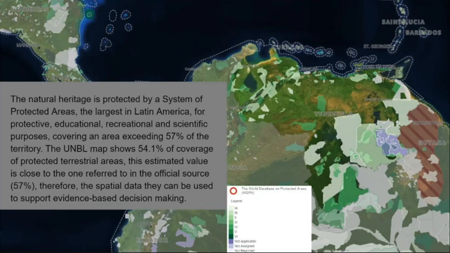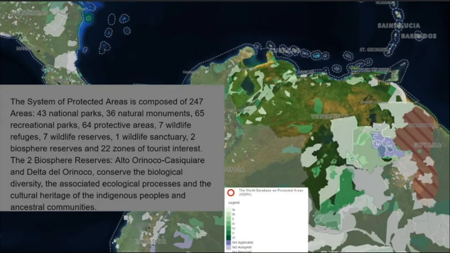Here you have the UNBL laboratory map, which shows the system of protected areas. The next, please. This system is composed of 248 areas: national parks, natural monuments, recreational parks, protected areas, wildlife refuges, wildlife reserves, wildlife sanctuaries, biosphere reserves, and zones of tourist interest.